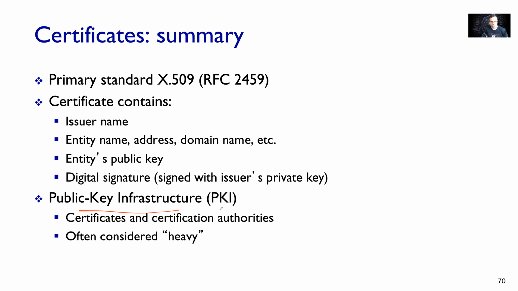So this is all referred to as the public key infrastructure, because we are relying on these trusted third parties, and it's also often considered heavy-handed in that there's this whole investment that needs to be made. There is another alternative way to ascertain keys, which is referred to as the web of trust, whereby rather than relying on third parties, common individuals can sign each other's keys.